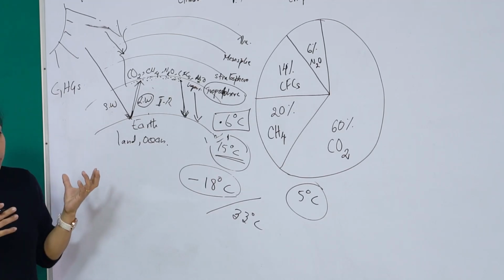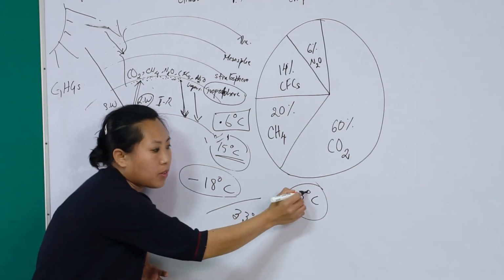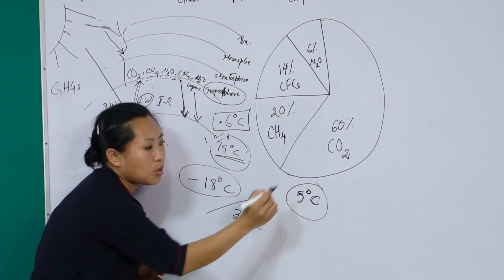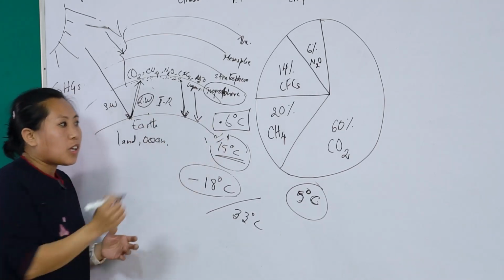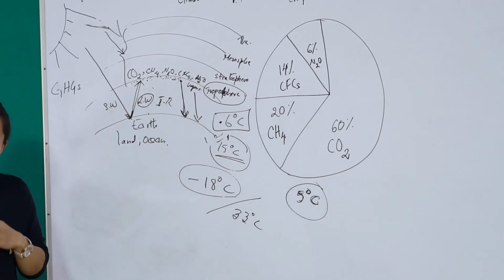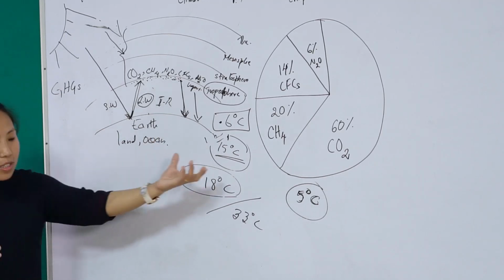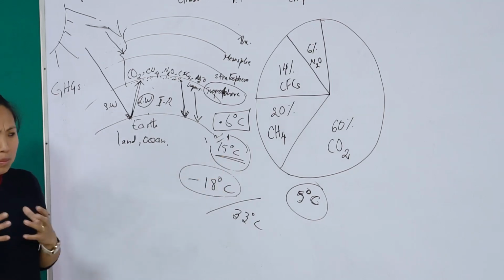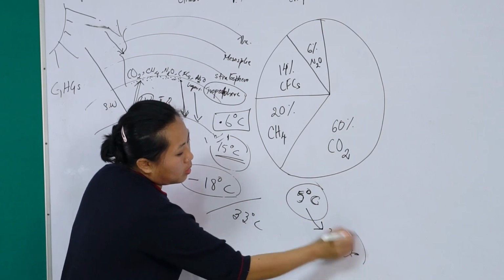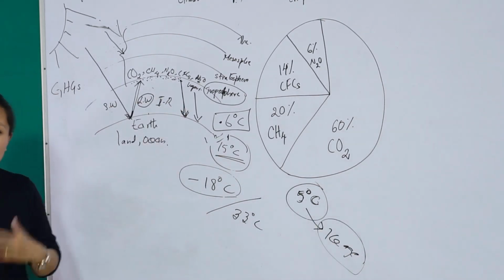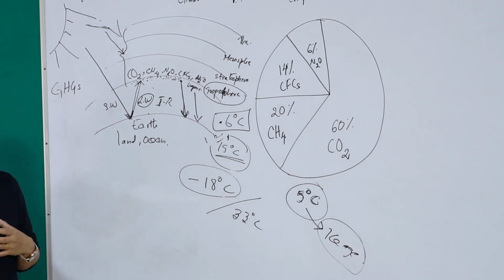So it is said that if there is a 5 degree centigrade increase from the present average temperature, then some journals say we could go back to the Ice Age again. These are some assumptions, of course. We still haven't reached this 5 degrees centigrade.